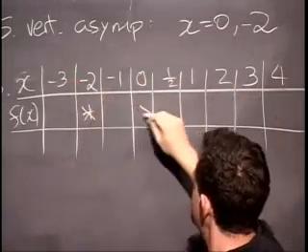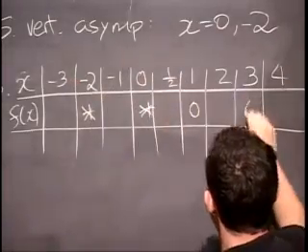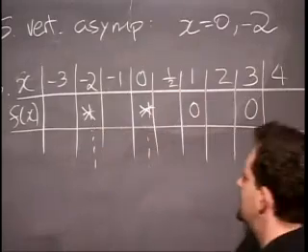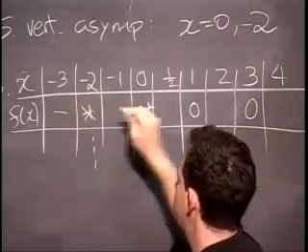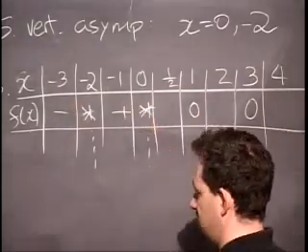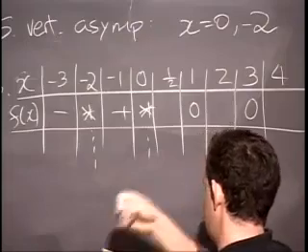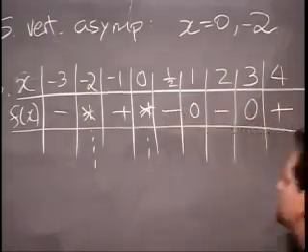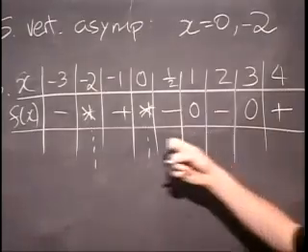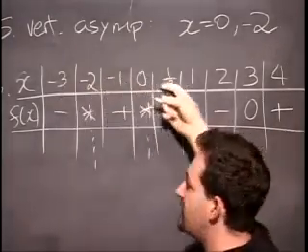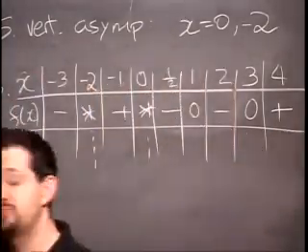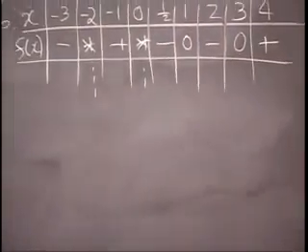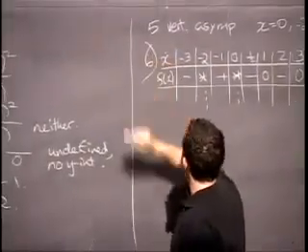Here f was undefined. There it was 0. So we have vertical asymptotes there and x-intercepts there. And then we found that it was negative, positive. I'm going to cheat and look at what it was because I can't actually remember. Negative, negative, and positive. So all I had to do there was to substitute these values into the original expression for f. This is not 6x, this is step 6.